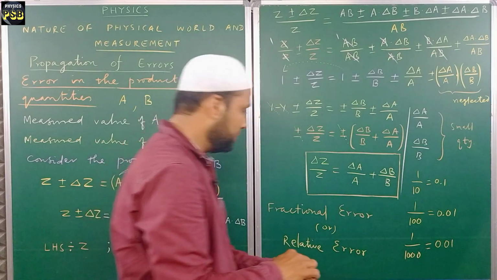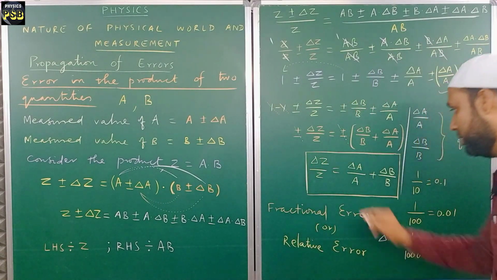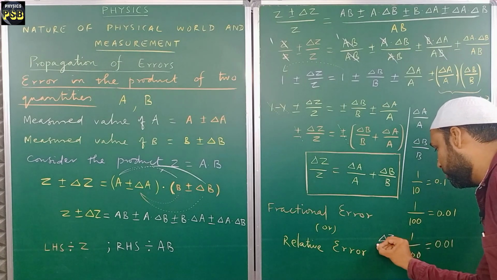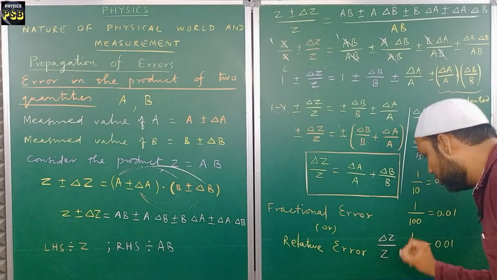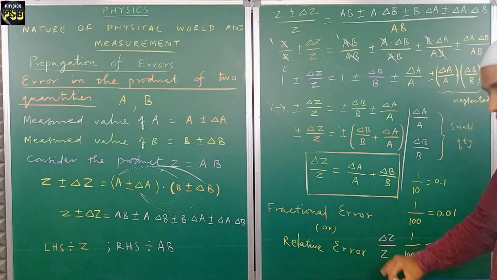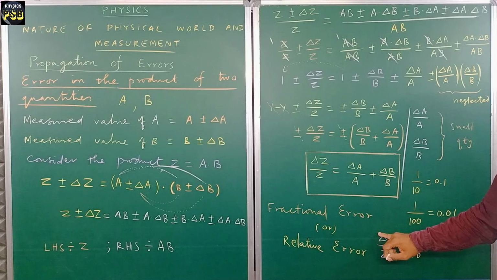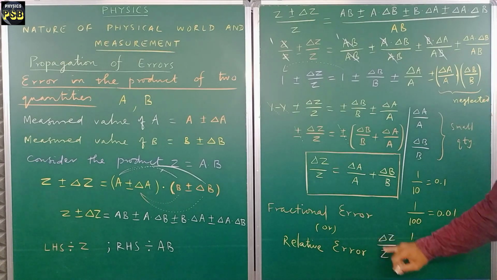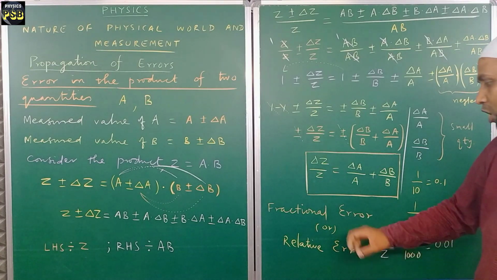It is nothing but the division of the absolute error of a quantity by its total value. Okay, when this is the actual value of some quantity, and this is the absolute error which we have encountered on the measurement. This division is referred to as relative error or fractional error.